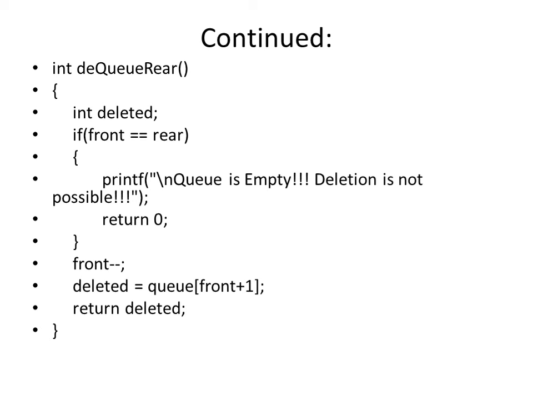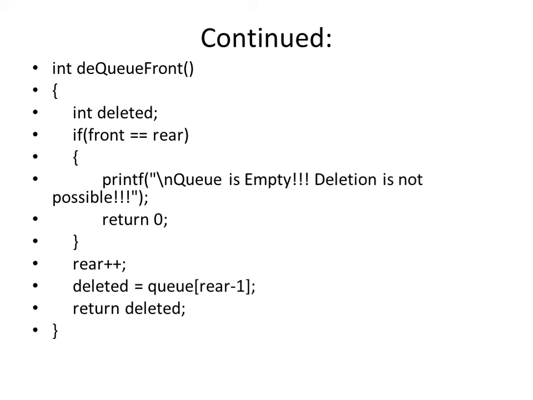And here you can see DQ at rear, that means deletion is done at the rear end. Here if front equals rear, that means no element is there, that means Q is empty. You cannot delete, otherwise decrement the front end and delete the element and increment the front end. Delete equals queue of front plus 1, return delete.